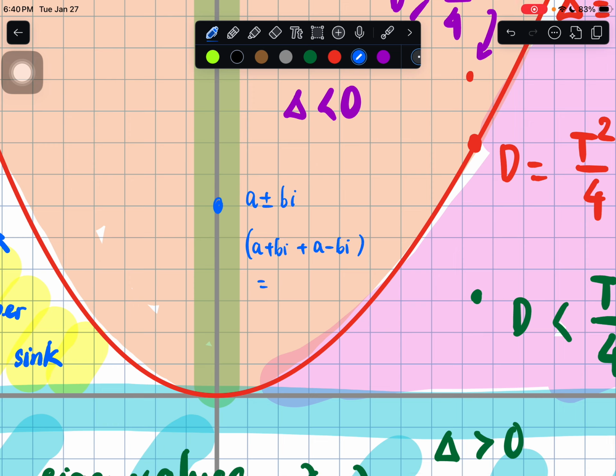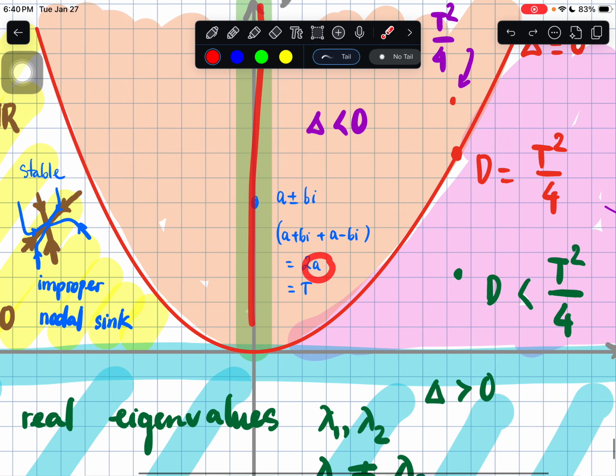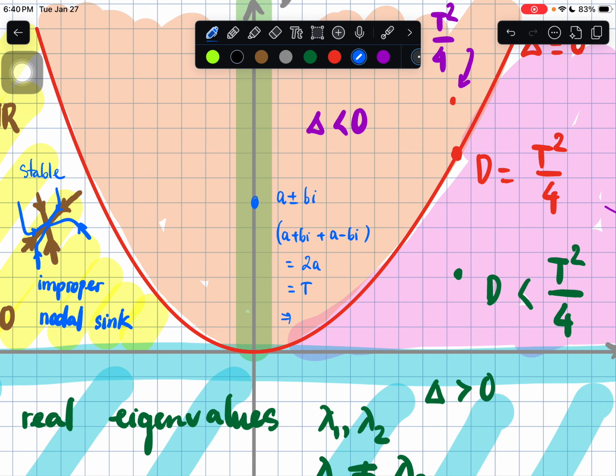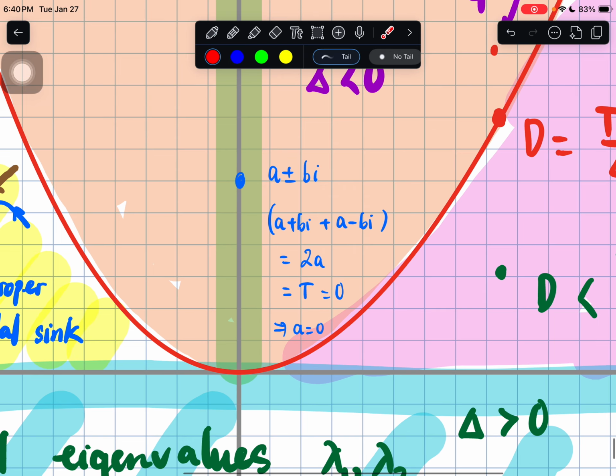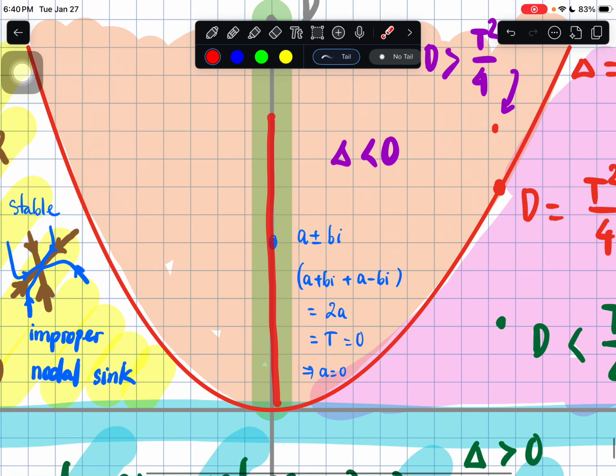So the sum, 2a, is the trace. The trace is 0 because we are on this line. So this means the real part of the eigenvalue is 0. So on this line, it corresponds to pure imaginary eigenvalues.